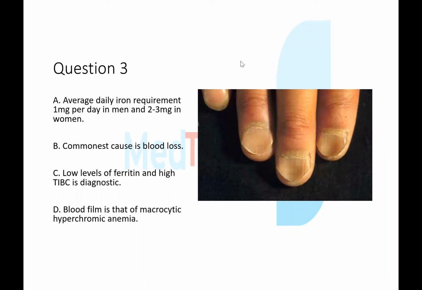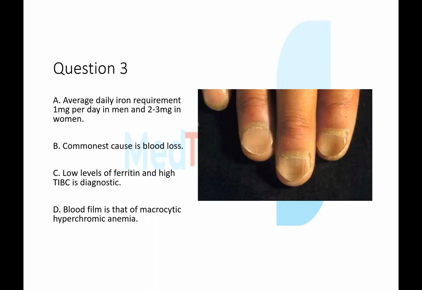So this looks like a spoon. When you have a spoon, you have a kind of depression in the center. So you can see that there's a depression here. So it's koilonychia. Exactly. So spoon-shaped nails. The nails appear spoon-shaped, and that's what is called koilonychia.